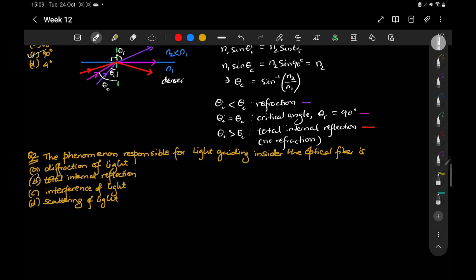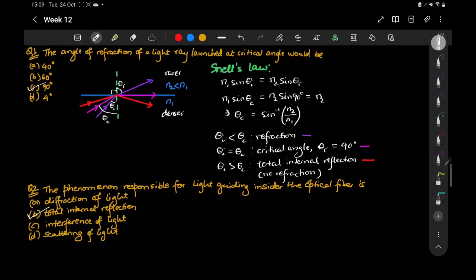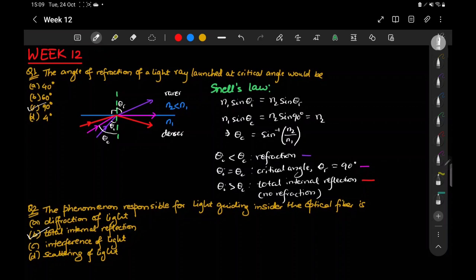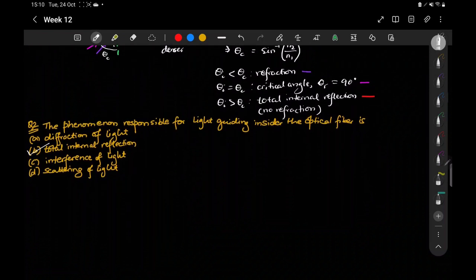Okay, so the correct option is total internal reflection. And we just discussed this effect, total internal reflection, in the above question. The application of it is in the usage of optical fibers.